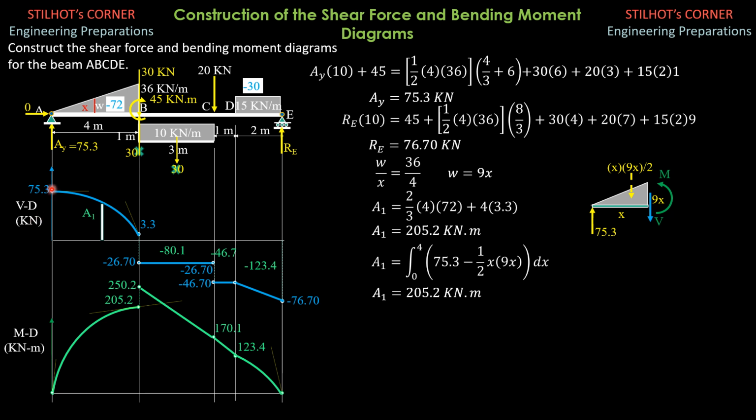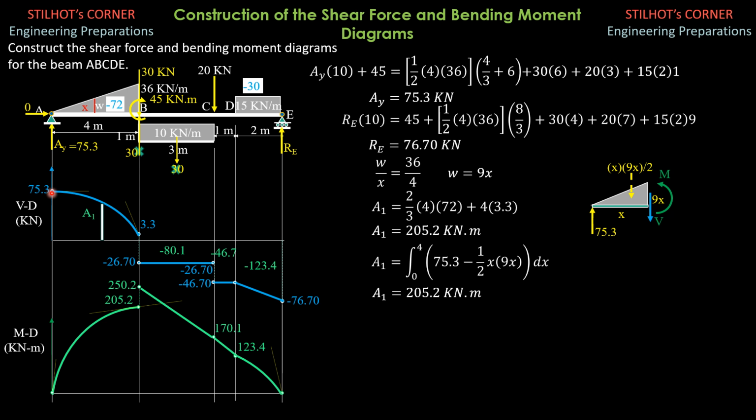Then from A to B, the area of this triangle is negative because it's going down. 1/2 of 4 times 36, so it's negative 72 kilonewtons. So 75.3 plus negative 72 is 3.3.